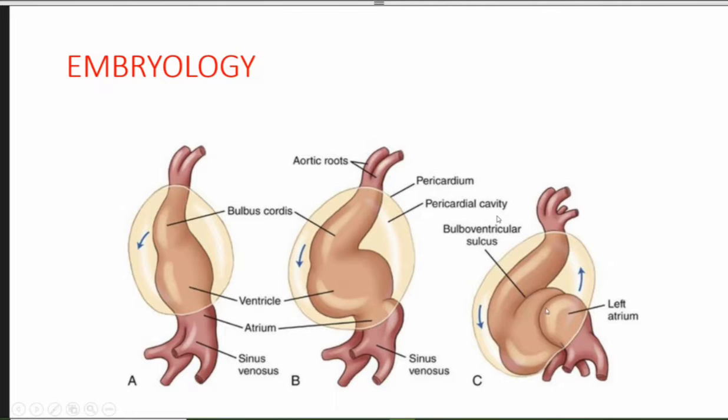When these are happening, the conotrunkus divides into pulmonary artery and aorta by spiral rotation. The pulmonary artery comes anterior, aorta goes posterior, and the pulmonary artery communicates with the bulbus cordis or right ventricle, and the aorta communicates with left ventricle or the primitive ventricle.